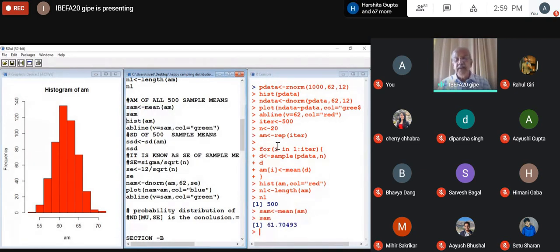How much is the mean? 61.70, that I am getting. And the actual population mean? 62. The difference is 0.3, which means the histogram also behaves approximately like the original data.